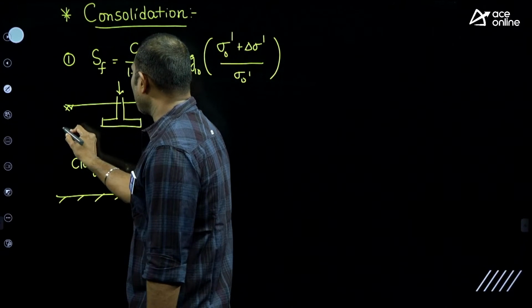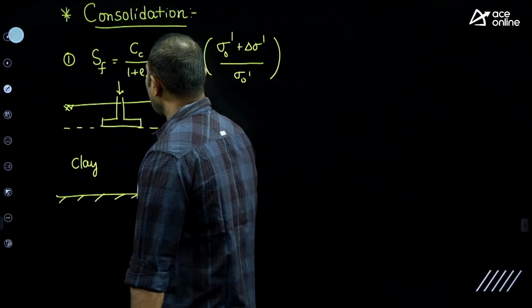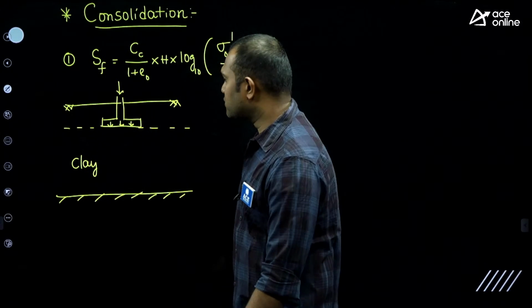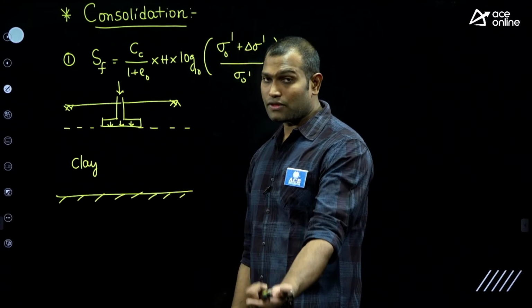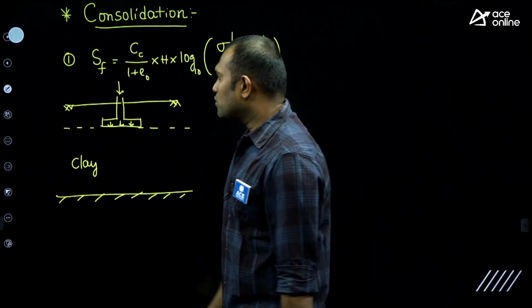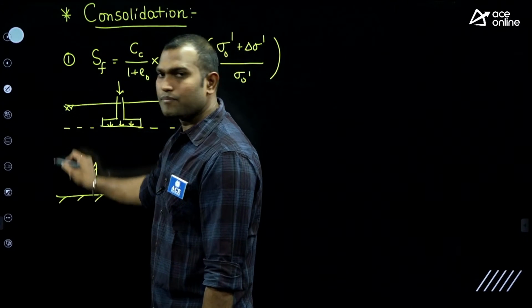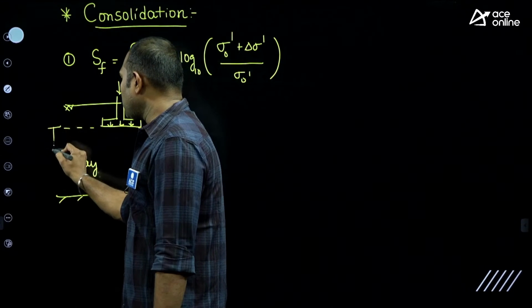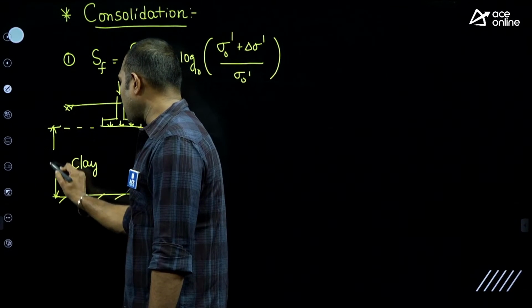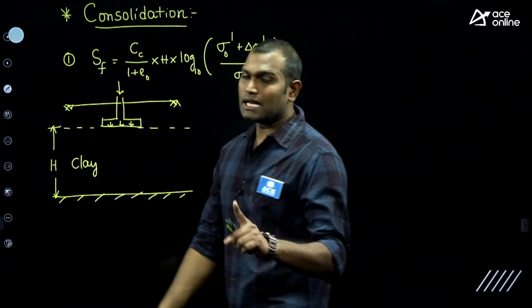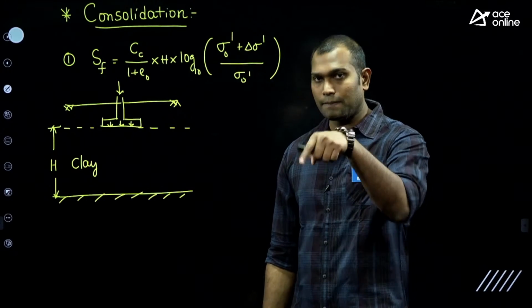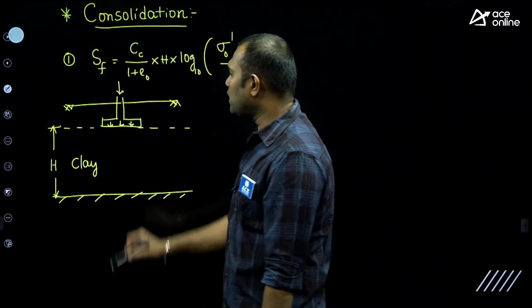The load will act through the bottom of the foundation in the case of shallow foundations. So what is the actual thickness of the clay layer which is under compression? Though the total is clay, we don't consider the total clay. We observe from here to here only as H. So H is not the thickness of the clay; H is the thickness of clay which is under compression, which means below the load.